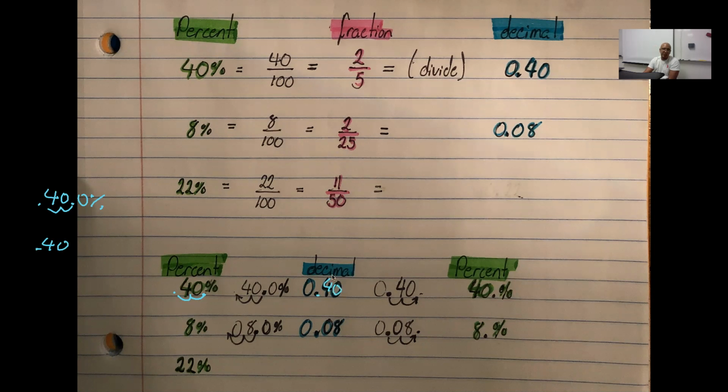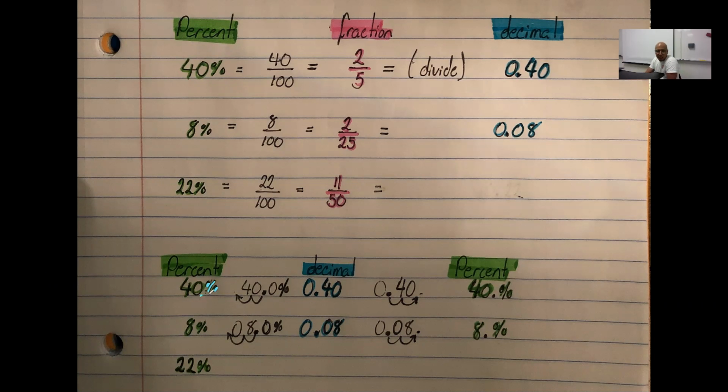It is 40 hundredths. Now, if I want to make this decimal back into a percent, I can move the decimal to the right twice and put a percent symbol there. Now it is 40%. Now, an easy way to remember where to move the decimal when you have a percent, ladies and gentlemen, just think of it this way. Think of the decimal not liking the percent, okay?